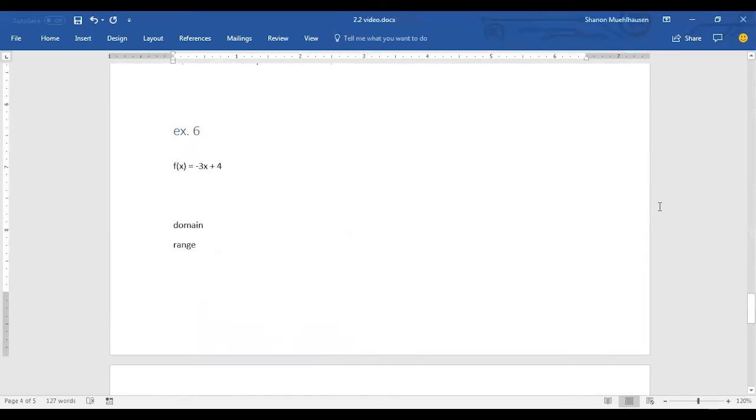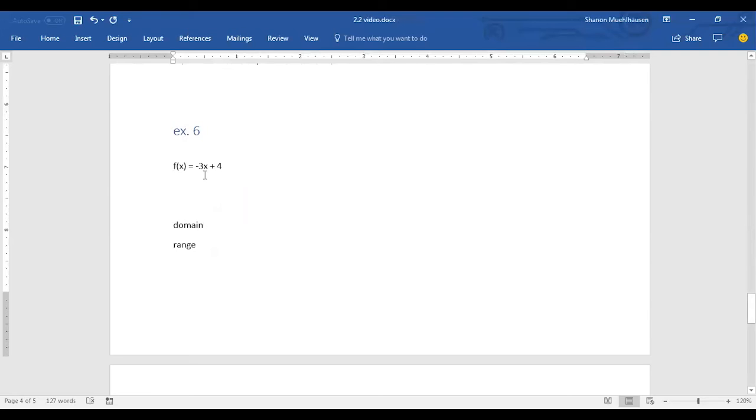Example 6 gives us a function and asks us for a domain and range. Hopefully by now you can determine that this is a linear function. It has x to the 1 power. It may have a multiplier. It may have something added or subtracted to the end, but this is no doubt a straight line. Remember, a domain is anything x can be. So when I say, what could x be in this problem?